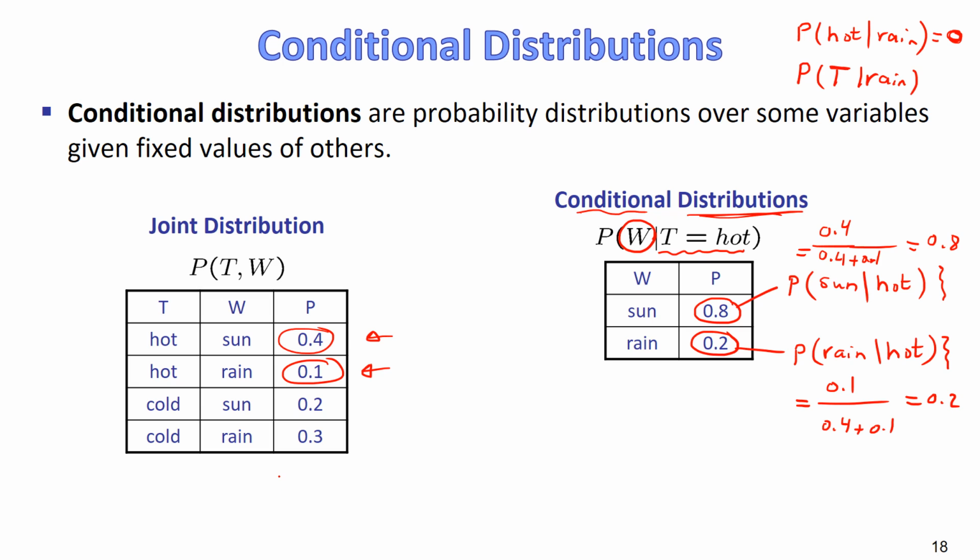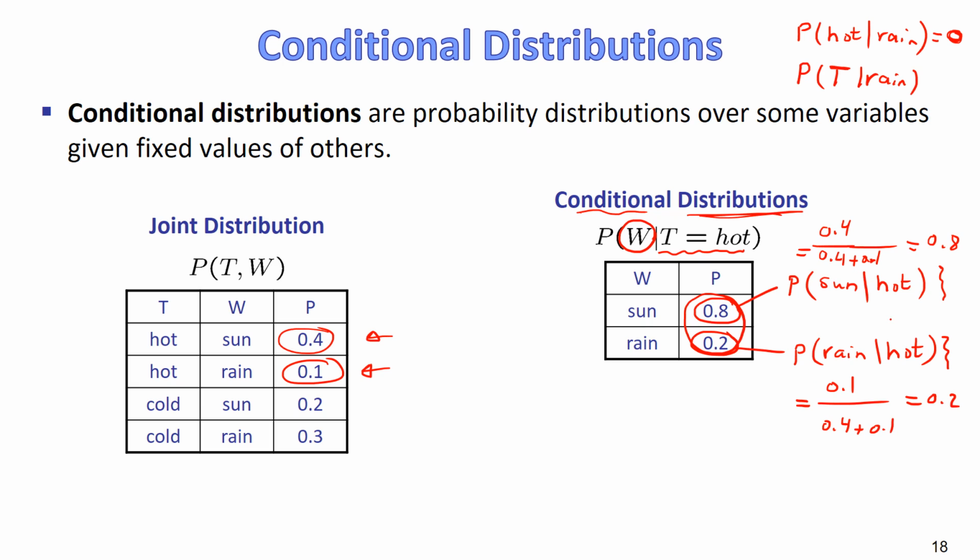Notice now so many things from what we just did. First thing, the sum of these values is 1. And that's expected because that's a probability distribution. It is called conditional distribution, but it is a probability distribution, so the sum of these values has to be 1. Notice something else also, that the values of the denominator in both cases are the same, 0.4 plus 0.1 here, 0.4 plus 0.1 here.